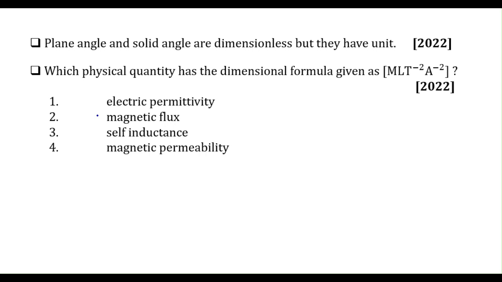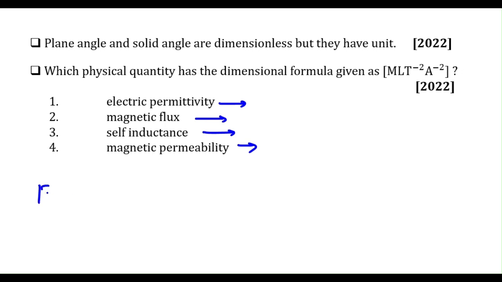Which physical quantity has this dimensional formula? We should know some easy formulas for these physical quantities, because here we have all fundamental quantities represented. For example, if we want to know the dimensional formula of electric permittivity, we have to find where electric permittivity is present in a simple formula, so that we can reduce it to fundamental quantities.